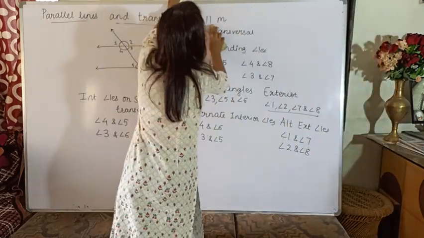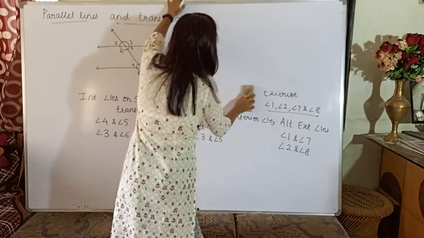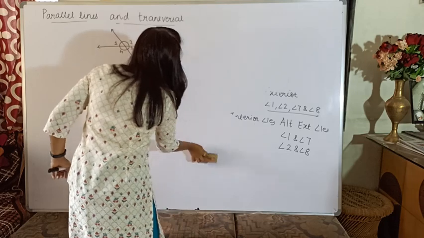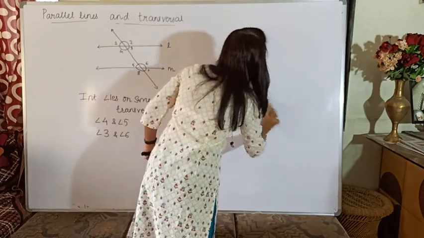axiom related with these angles. The first axiom, and again I am calling it an axiom, which means I am definitely not supposed to prove it. I have to just understand what the statement says.